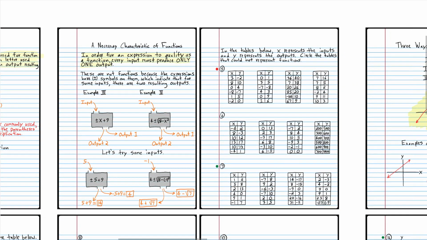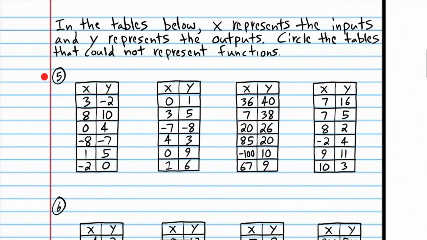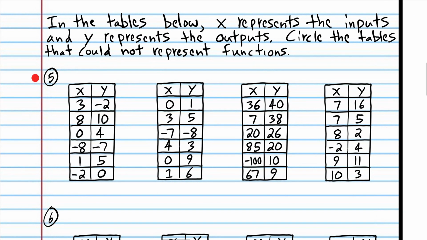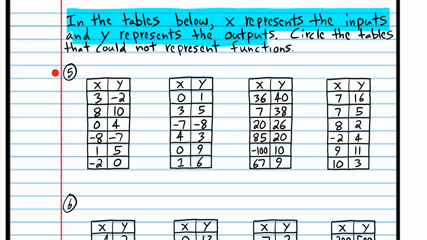And one of the most common problems that you'll get, not necessarily at this level of math, but at the lower levels of math, you'll be given problems like this, which help you to demonstrate this principle. So in the tables below, X represents the inputs and Y represents the outputs.